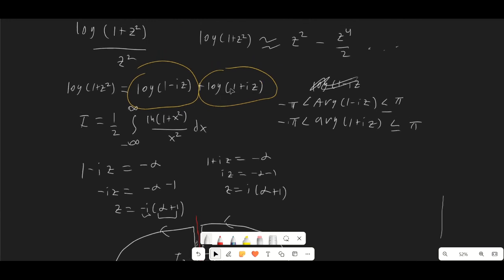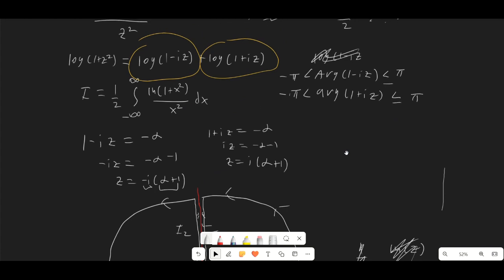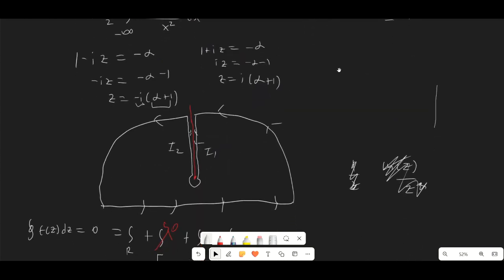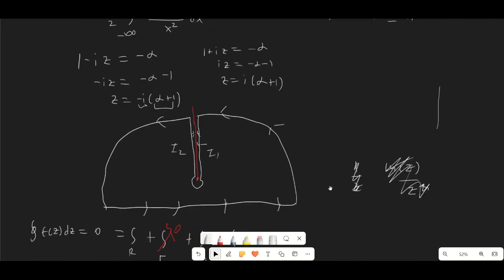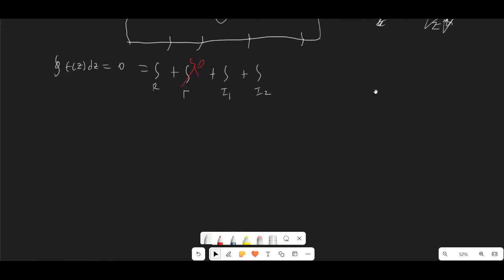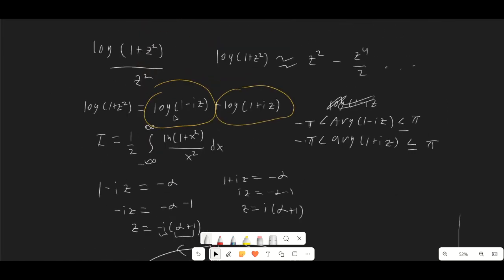In terms of log 1 plus iz, this is going to be somewhere over here, I believe, in the complex plane, which means we're approaching the argument equaling pi. And that means on the other side here, we're going to be approaching the argument equaling negative pi. So essentially, the contribution from this natural logarithm is going to go to 0 as well.